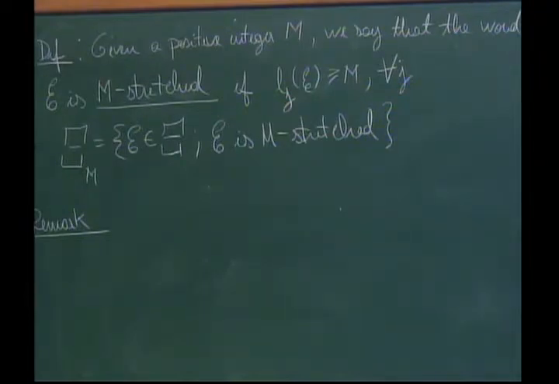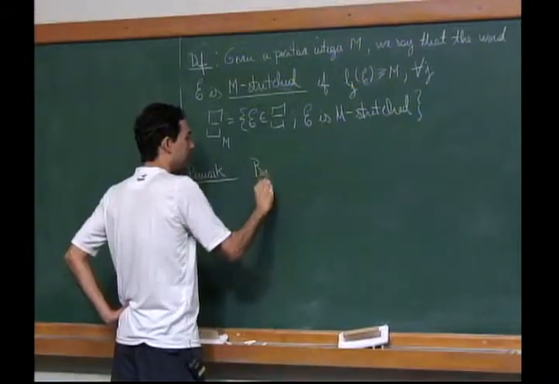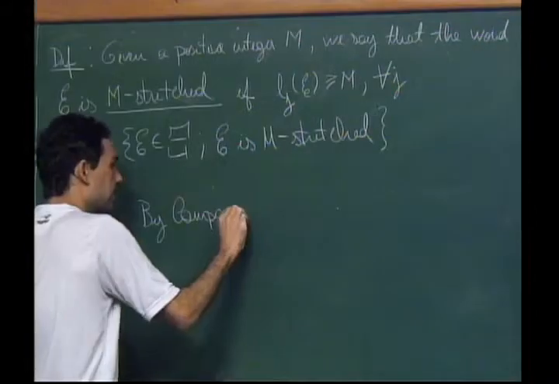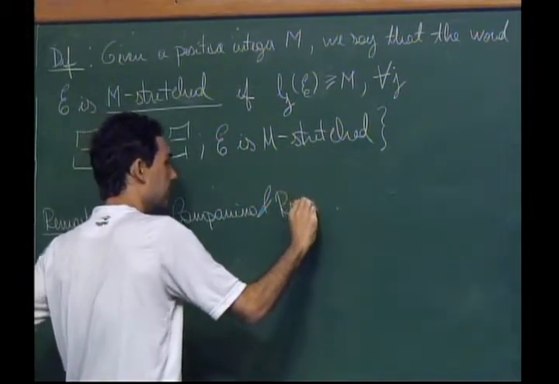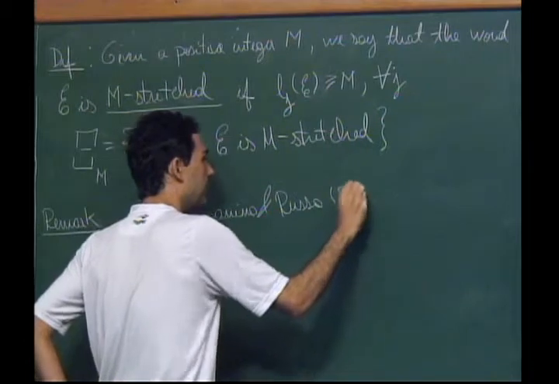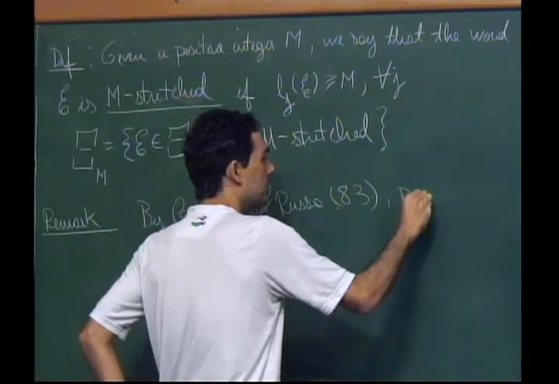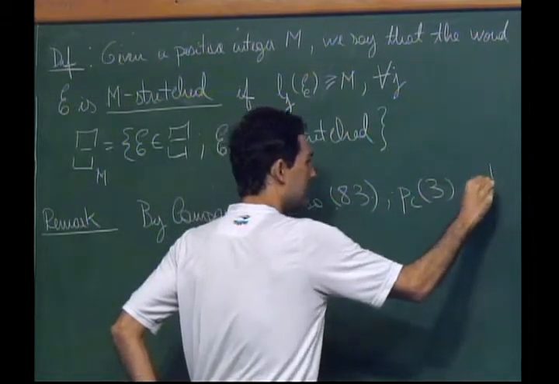For standard ordinary site percolation, it was proved by Campanino and Russo in 83 that the percolation threshold for Z^3 is less than 1/2.